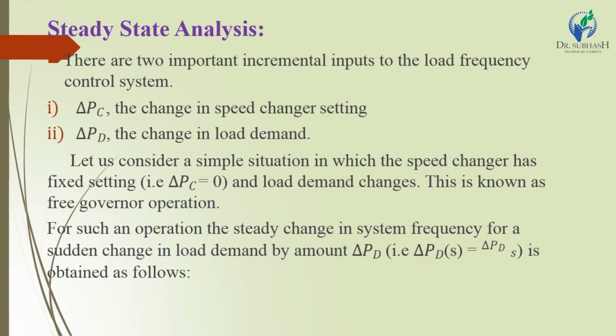This is known as the free governor operation. For such operation, the steady state change of the system frequency for a sudden change in the load demand by an amount delta PD is obtained as given below.